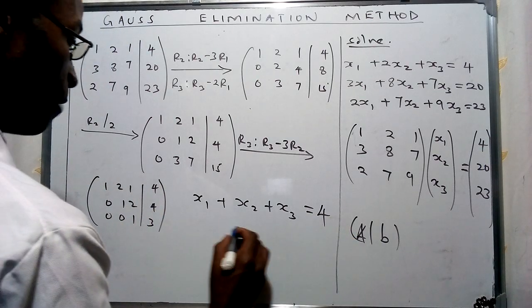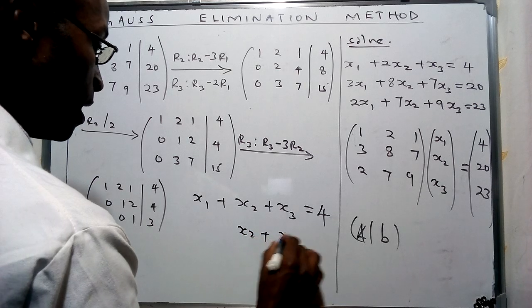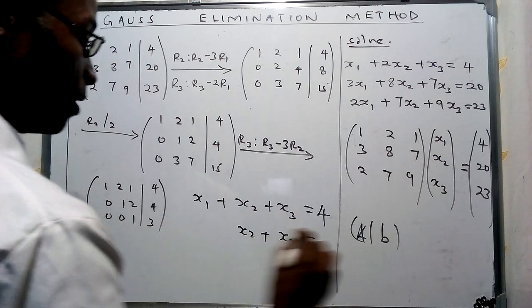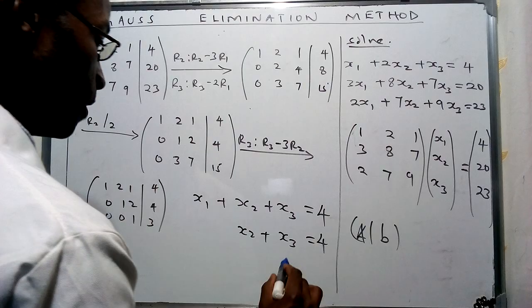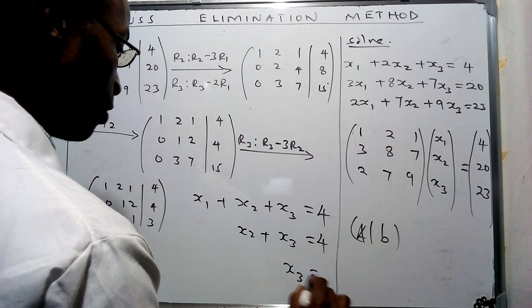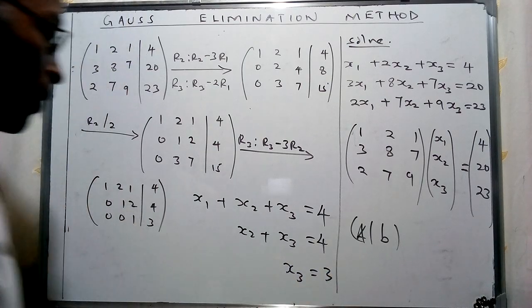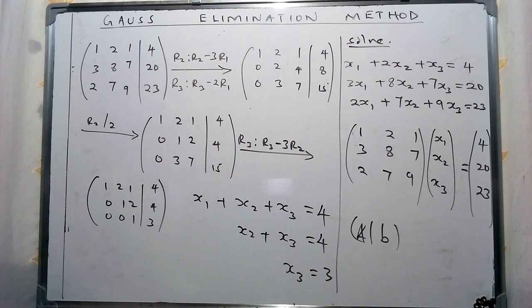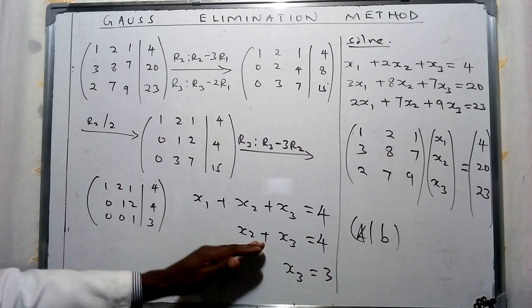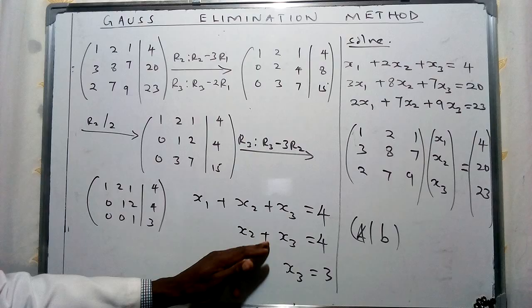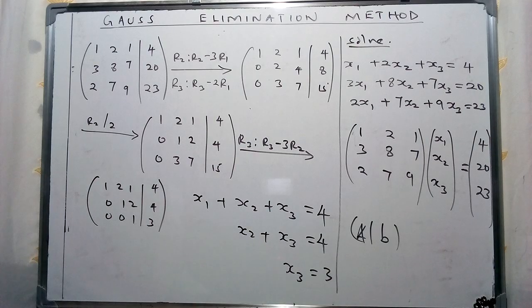We're also going to have x2 plus x3 giving us 4 for the second case, and the last one given as x3, which gives us 3. So using substitution, we can get the various results by doing a subsequent substitution for these specific values, and this is going to give us the specific values for these equations.